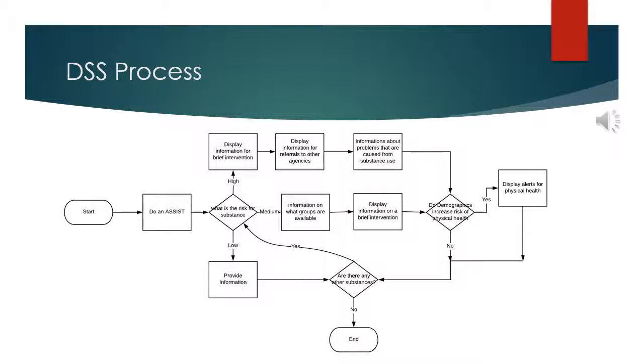This is the process map for the DSS. Once the assist is completed, the DSS would look at the risk score for each substance. If the risk score is high, it would display information for a brief intervention, display information for referrals and contact details to other agencies, and display information about problems that are caused from substance abuse.